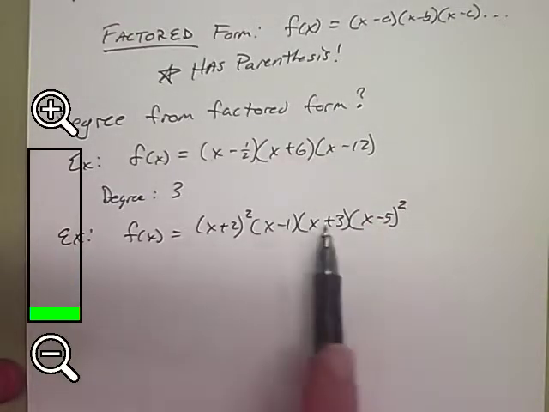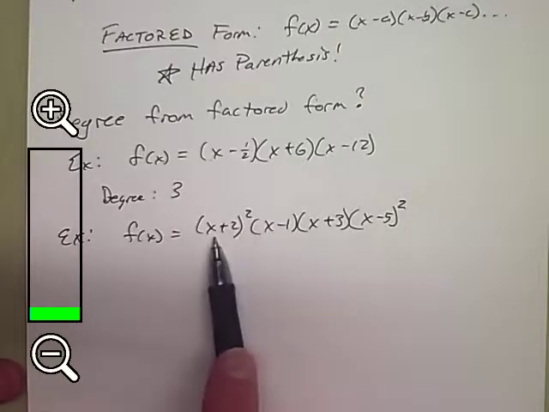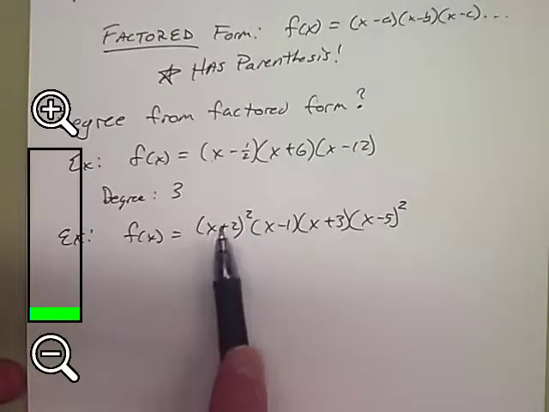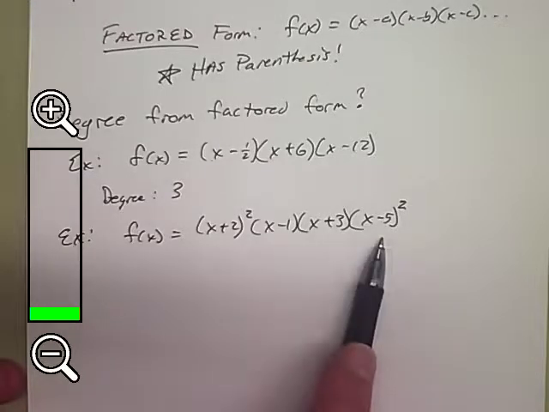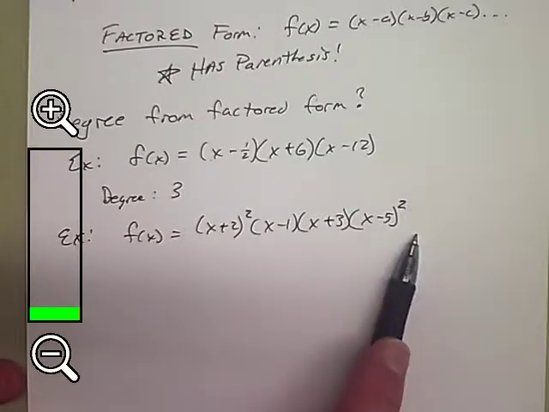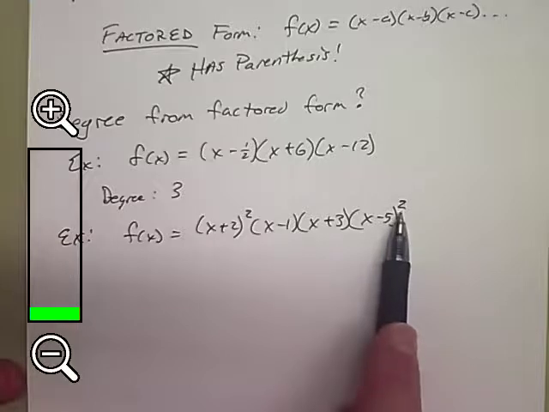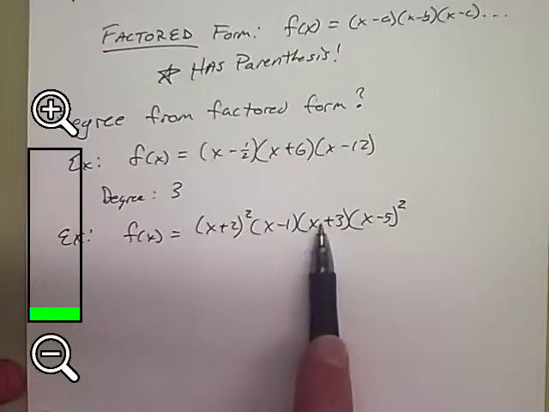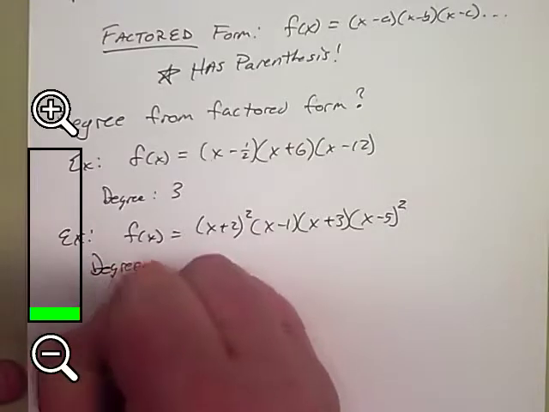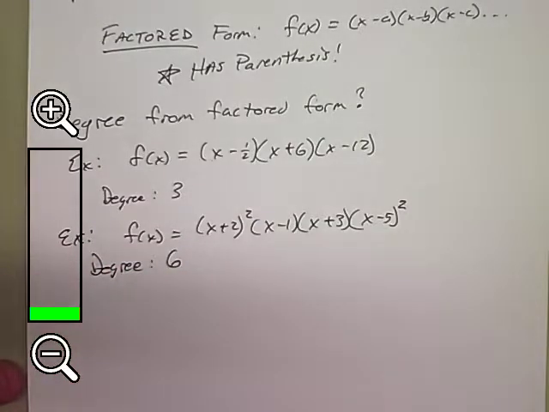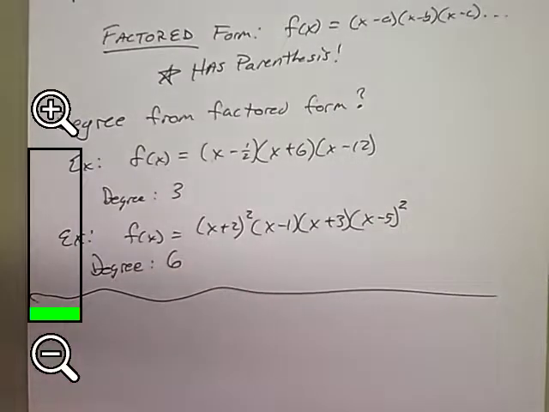So what this really says is x plus 2, x plus 2, x minus 1, x minus 3, x minus 5, and x minus 5, because there's 2 of them. So there's 2 here, 3, 4, 5, 6. So the degree of this one would be 6. Okay? So that's something to keep your eye out on.